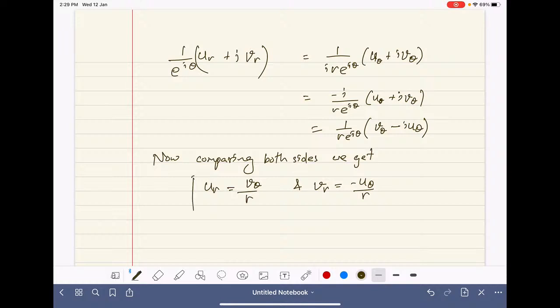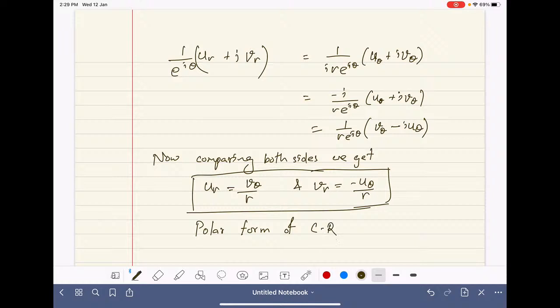So this is what is known as the polar form of the CR equation, Cauchy-Riemann equation.